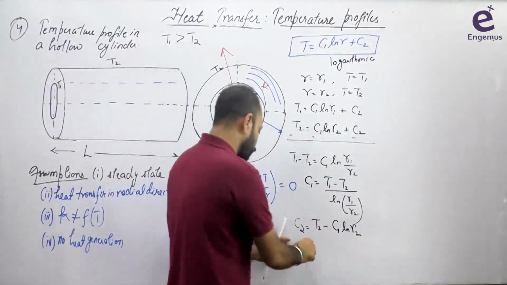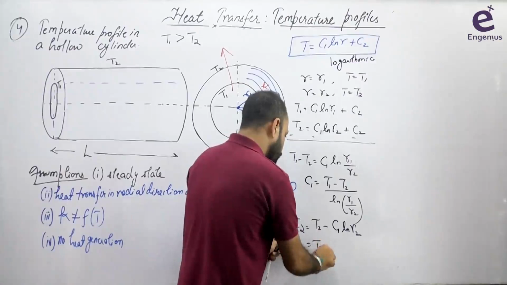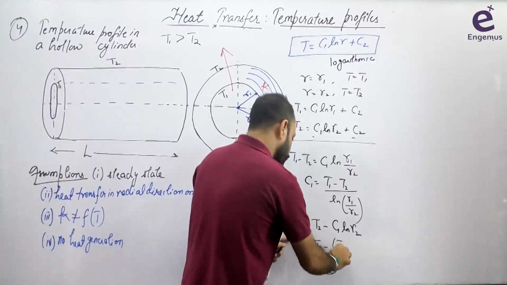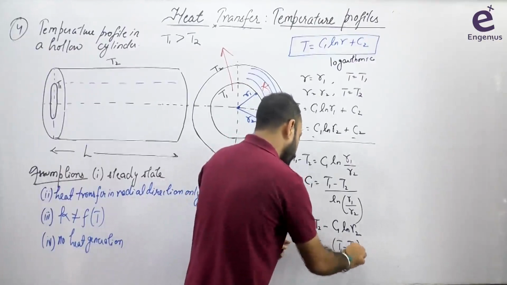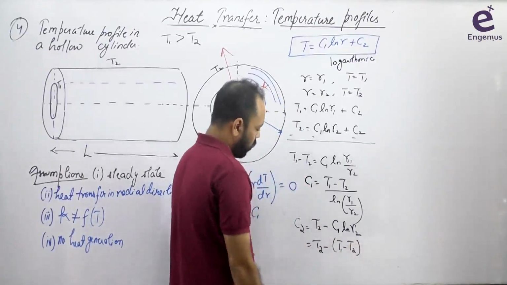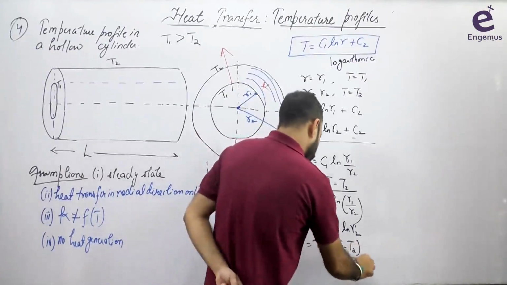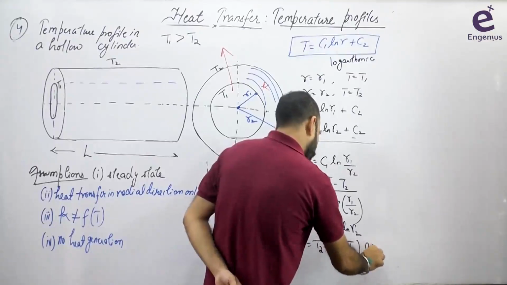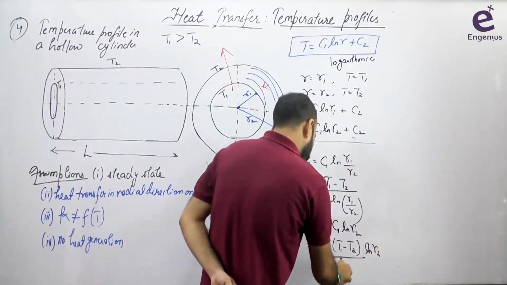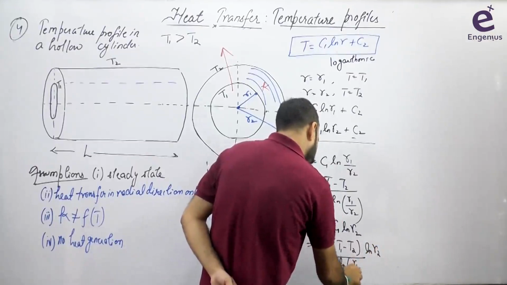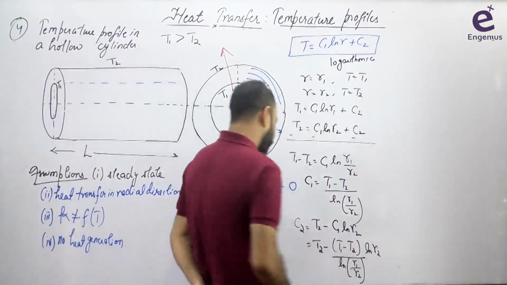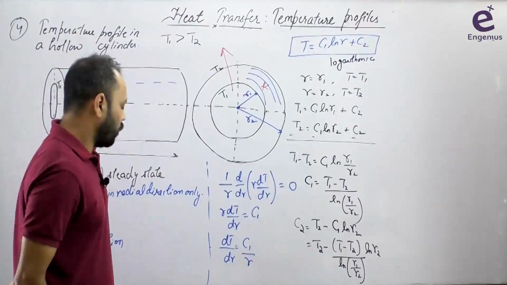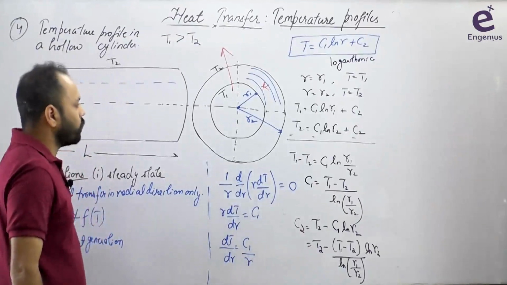So C2 is equal to T2 minus C1, which is T1 minus T2 over log of R1 by R2, times log of R2. ठीक है क्या? है ना? That is the value of C2.